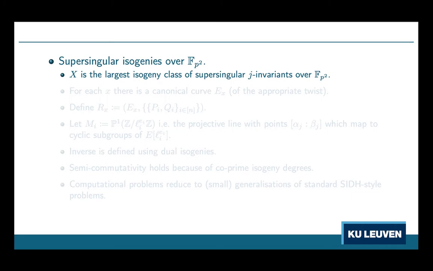So here we take X to be the largest class of supersingular j-invariants over Fp squared. So the largest graph of curves where all the curves are isogenous to each other. And then we can say that for each j-invariant, each node, there is a canonical curve Ex. So this can be defined by the coefficients of the curve.